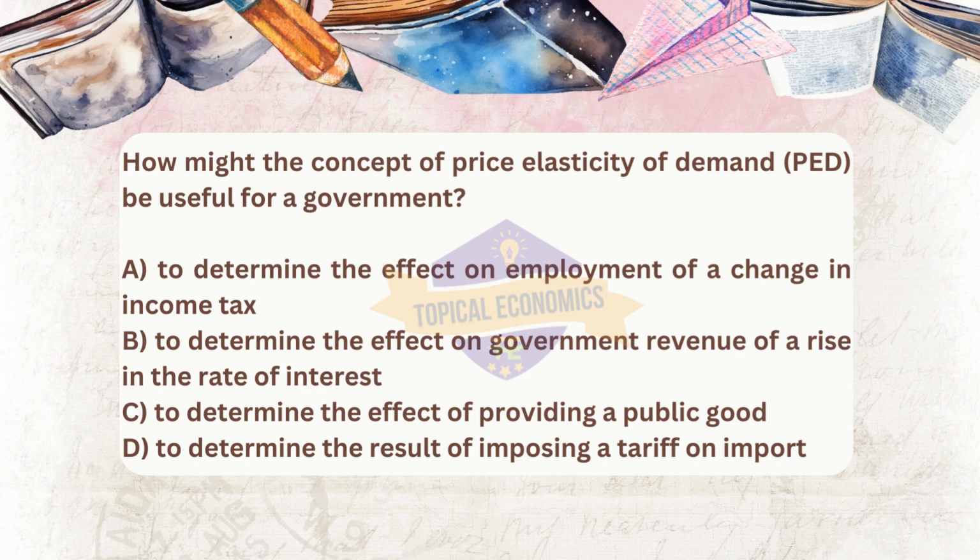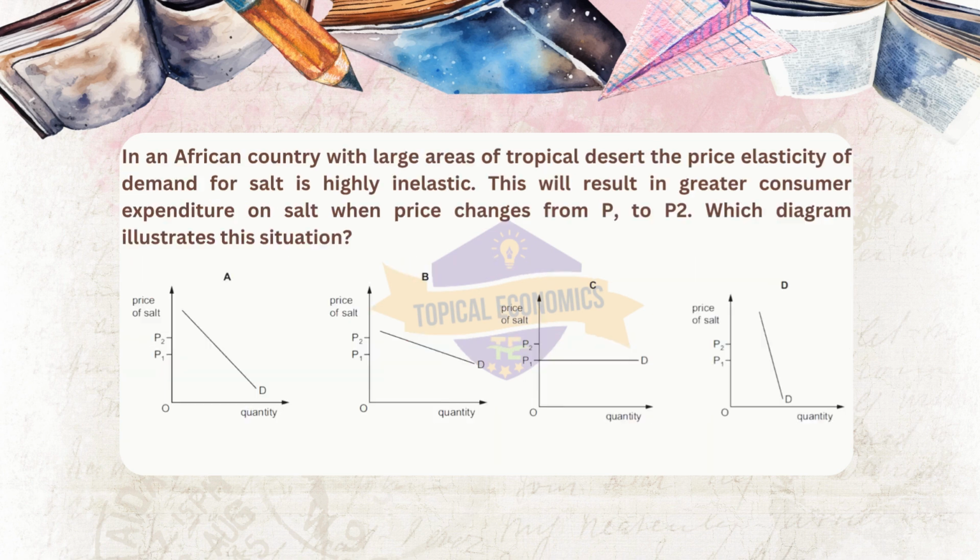If the demand is price inelastic, PED<1, a tariff may have a smaller impact on quantity demanded and could raise significant government revenue without drastically reducing imports. When we look at the other options, Option A, employment and income tax, Option B, government revenue and interest rate, and Option C, public goods, do not directly involve changes in price or demand sensitivity, so PED is not directly applicable to these areas. Proceeding with the 10th question.